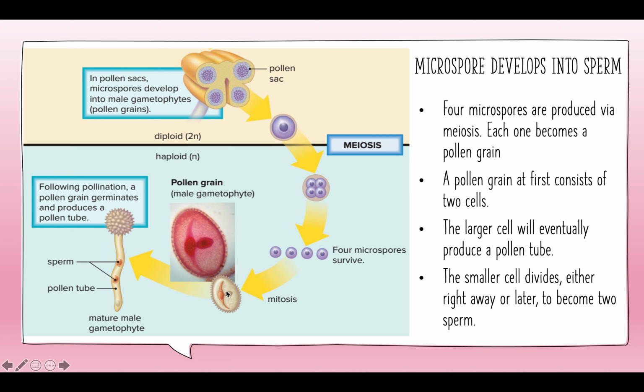The smaller cell inside the pollen grain will further divide to form two sperms. Why are there two sperms? Because in angiosperms, fertilization happens twice, hence the term double fertilization. But we will take note of that later on.